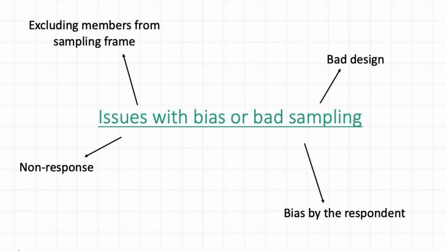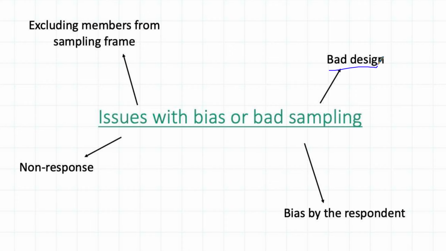Now, there are issues with biased or bad sampling, so not all types of sampling are good. Even the ones that we mentioned can have errors, especially if you're starting with a bad design. For instance, even if you're doing simple random sampling, but the way you've selected the sample or the number of samples is incorrect, you're falling into some issues here.